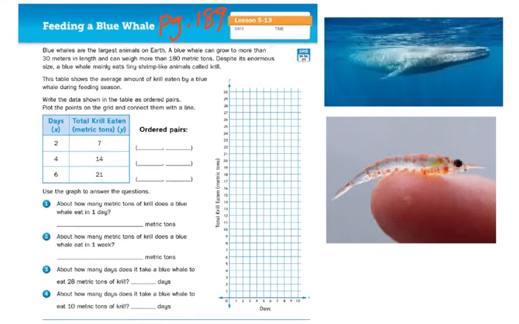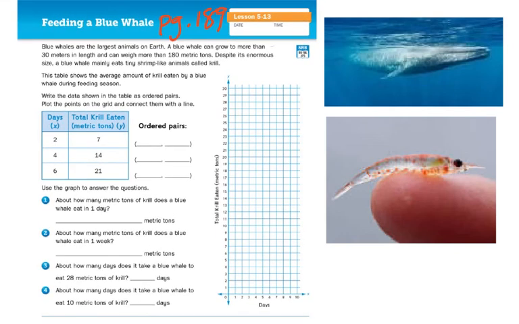So the ordered pair would be 2, 7. In 4 days, they eat 14 metric tons. So our ordered pair would be 4, 14. In 6 days, they eat 21 metric tons. So our ordered pair would be 6, 21.